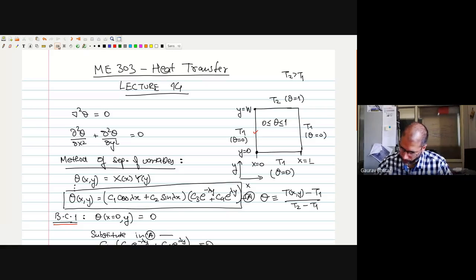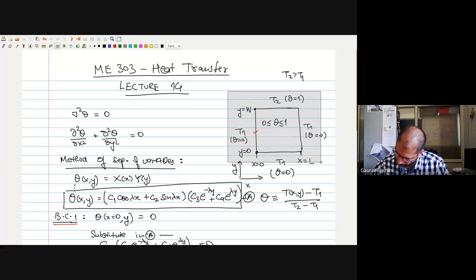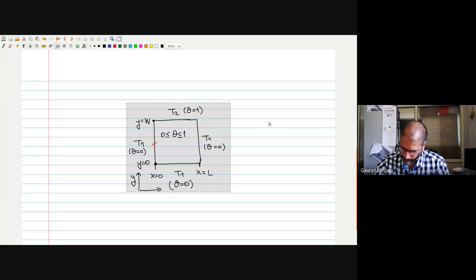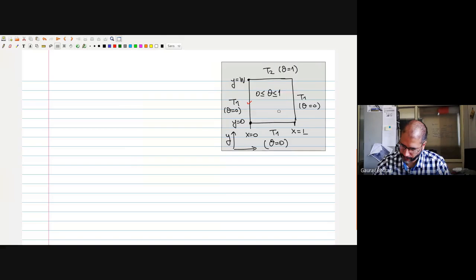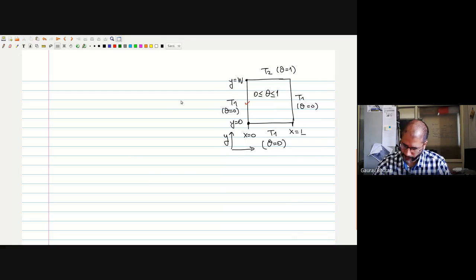Okay, so let's apply the second boundary condition. Let's see if we can copy the figure somehow. Perfect. Very good. So I can keep the figure on my right just for reference.